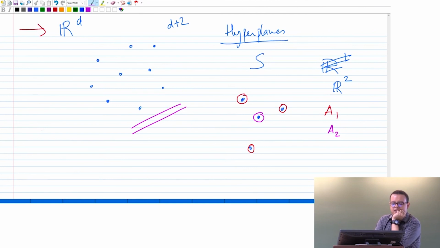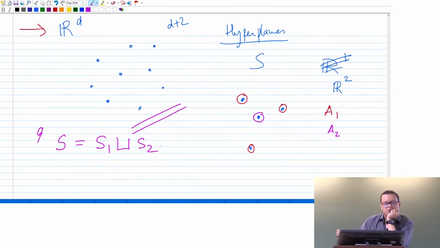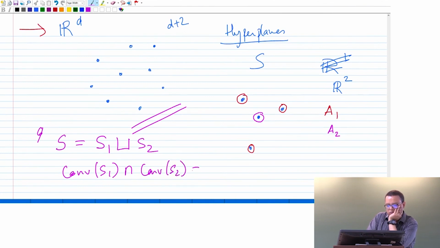Radon's theorem says I can partition S into disjoint non-empty partitions S1 and S2, where S1 and S2 are disjoint, and their convex hulls intersect. There exists such a partition, forget about how to get it.